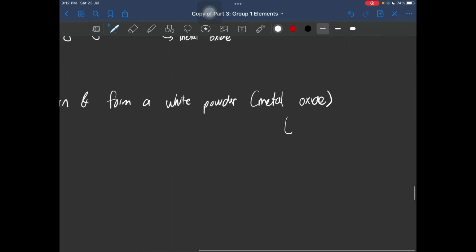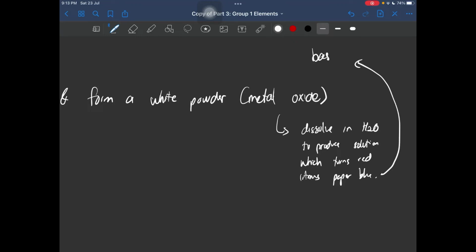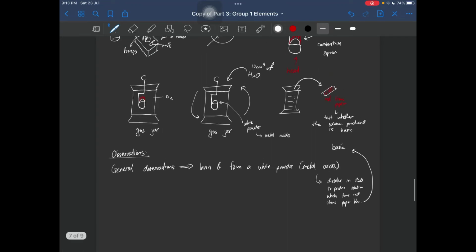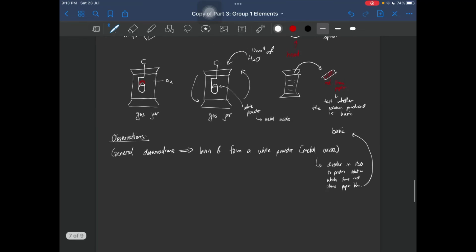This metal oxide will dissolve in water to produce a solution which turns red litmus paper blue, which indicates that it is basic. That would be the general observation of the reaction between alkali metals and oxygen.